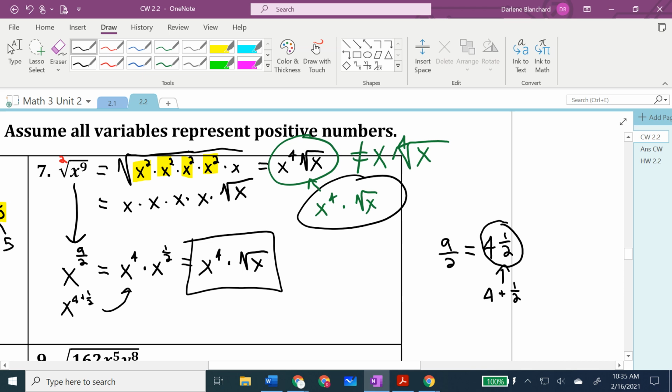Now, here's something I want you to understand about my expectations. If I'm not clear enough on a test as to the format that your answer should be written in, then simplification-wise, honestly, any of these could be considered a simplified format.